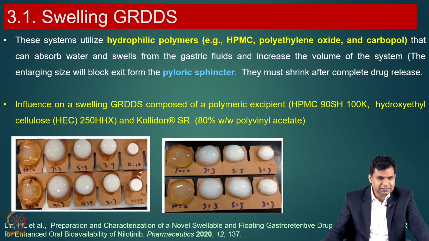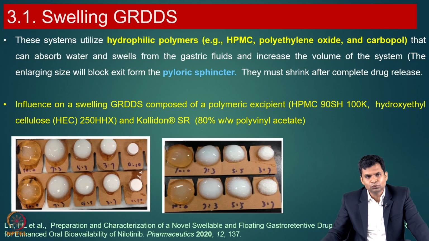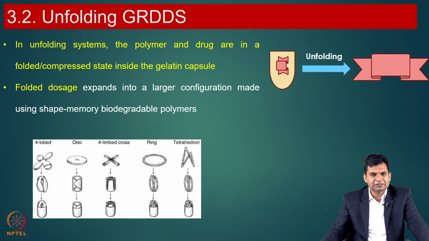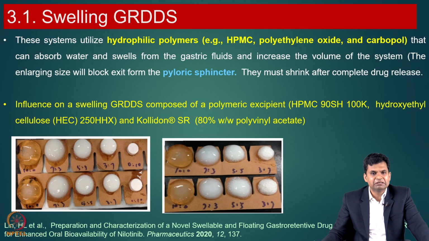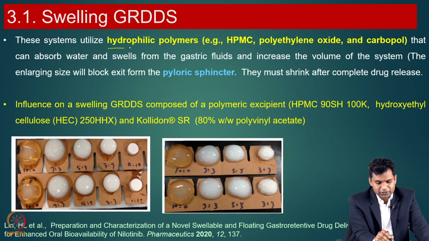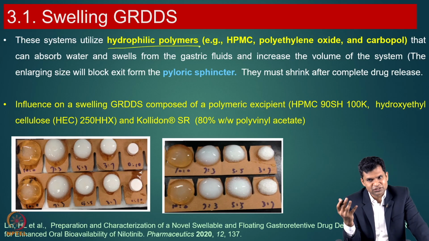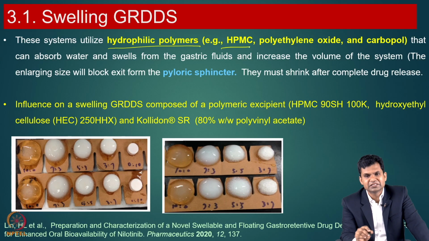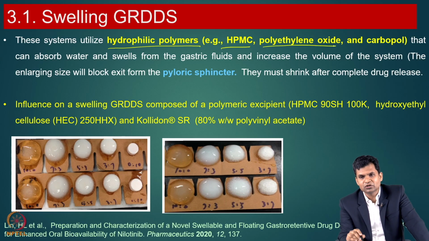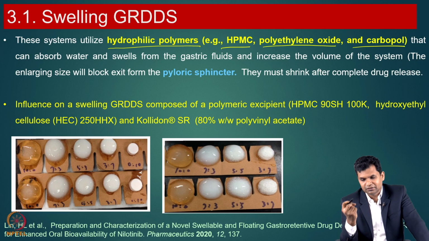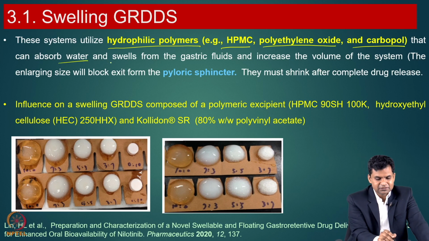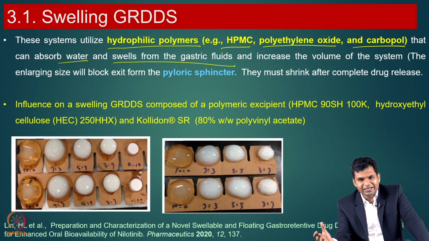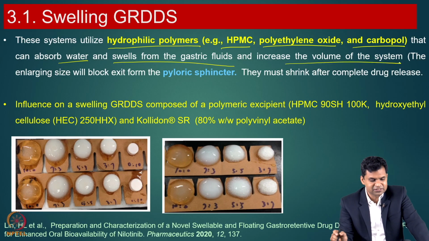Here in the expandable systems we have two different types, that is swellable and the previously mentioned unfolding one, right. In the swellable systems, we use various types of polymers which swell. As we know, hydroxypropyl methyl cellulose, polyethylene oxide and carbopol are the best examples that will absorb water from the gastric fluid and swell, increasing the volume of the system.